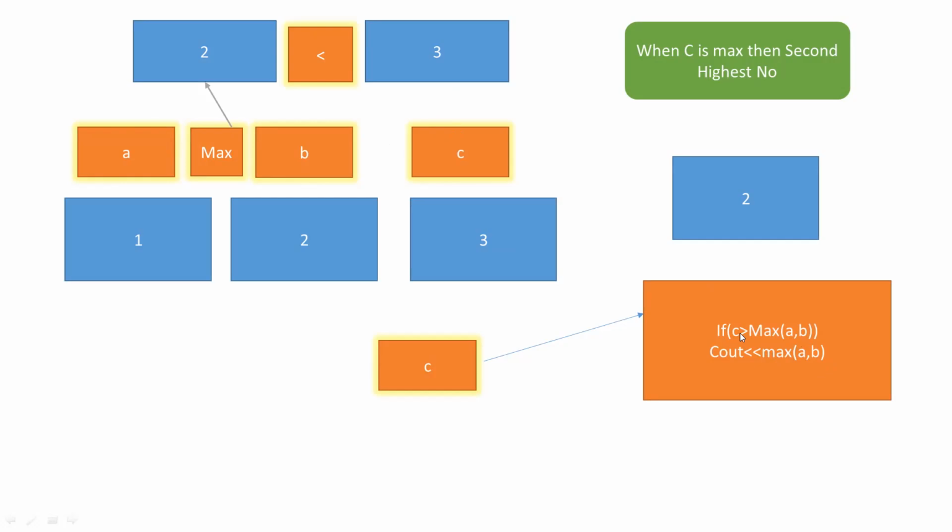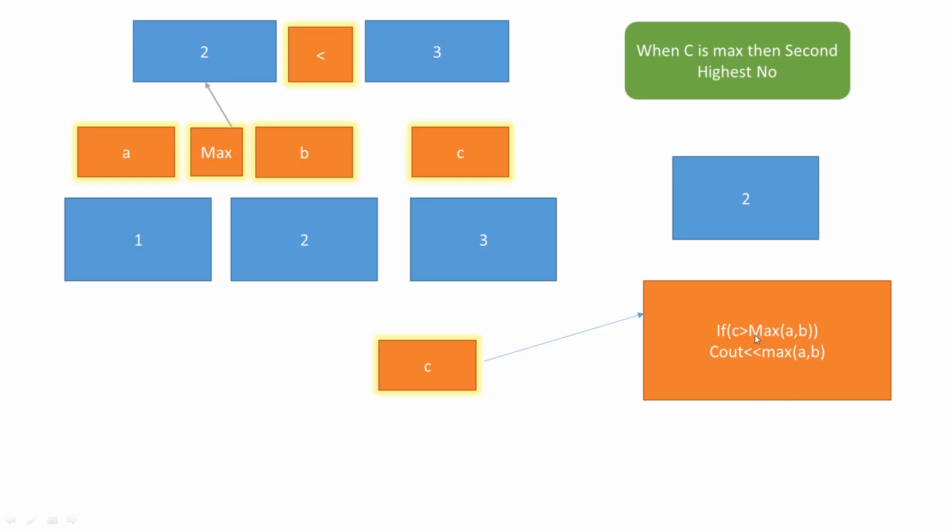So if C is maximum, then I have a function called max in C++. In most languages, I have this inbuilt function called max. If I put in the numbers A and B, whichever is the maximum number, it will give me the output of that specific number and print it, right?